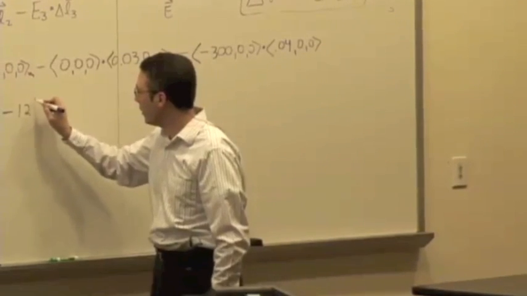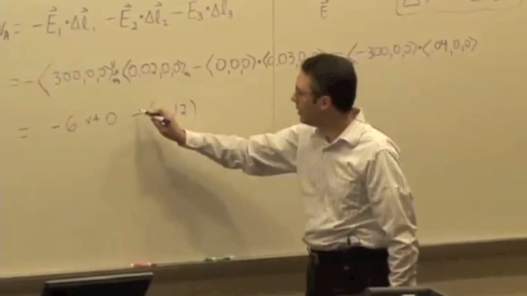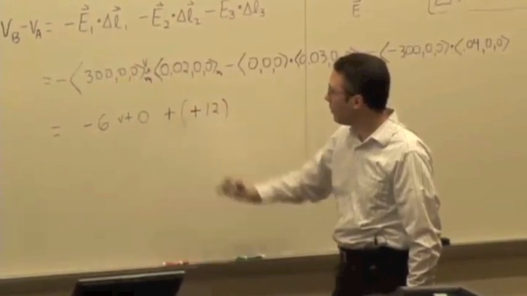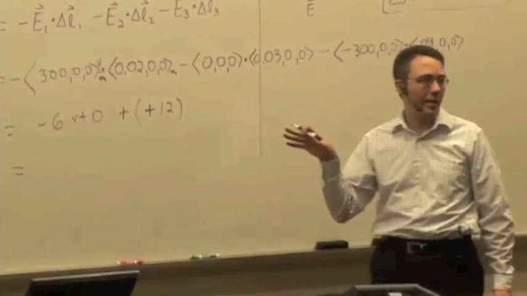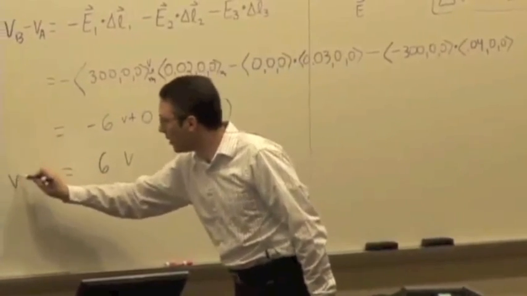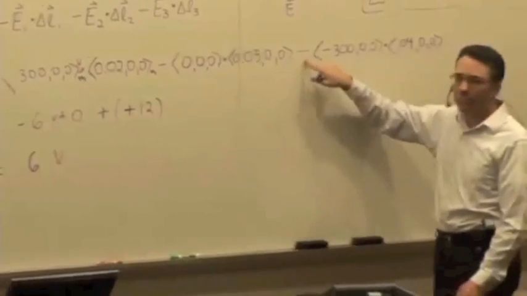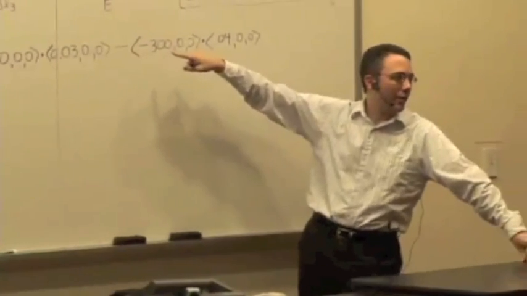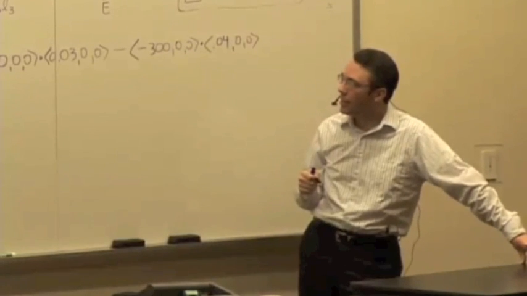Negative 12. And then if I have a minus times a minus, that's going to give me positive. So I end up with the total potential difference is 6 volts, positive 6 volts, okay? So you can see once again what happened. Lost the negative sign there. That's where the negative 18 came from for a lot of people, right? So that's easy to do.